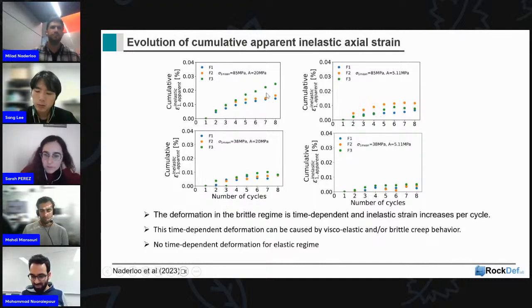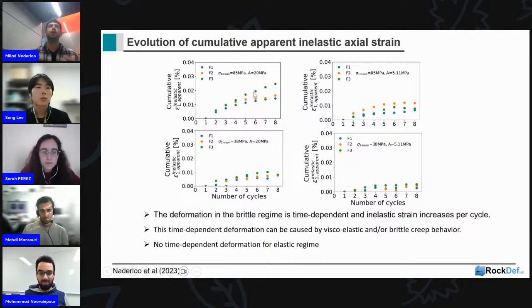But when we are in a high stress regime with high amplitude, and especially this green one with lower frequency, there is some sort of time-dependent process going on, like creep, which can be viscoelastic, so that with increasing number of cycles we are still inducing inelastic deformation. But if you go to the blue brittle yield point, let's say the safe zone, the lowest stress regime, then after 8 to 10 cycles we can see that inelastic deformation doesn't add to the system.